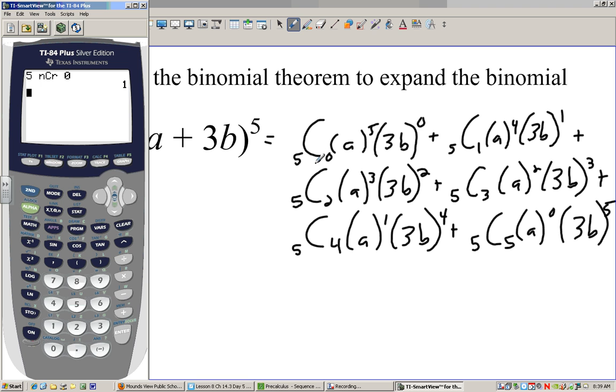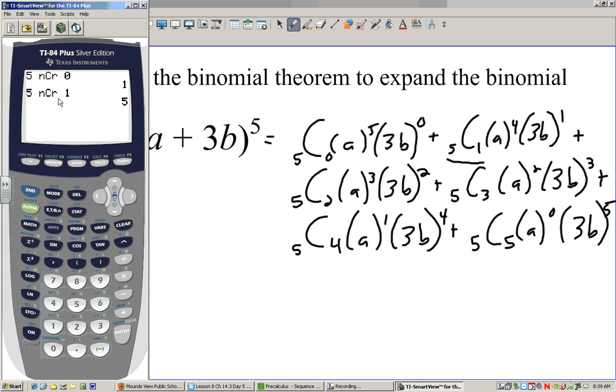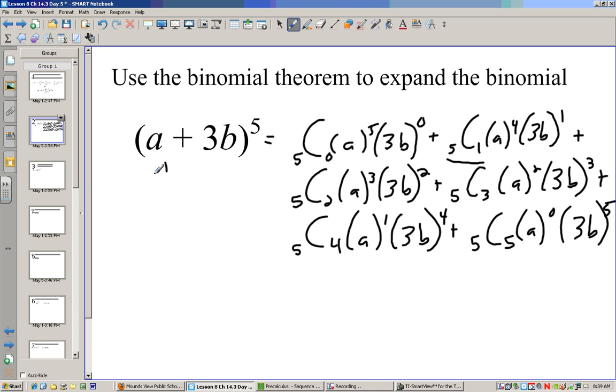That would give us our first term. If I do second enter and just change the last digit to a 1, that would be my 5 choose 1, which would be 5. And we could do that for 5 choose 2, 5 choose 3, 5 choose 4, and 5 choose 5.